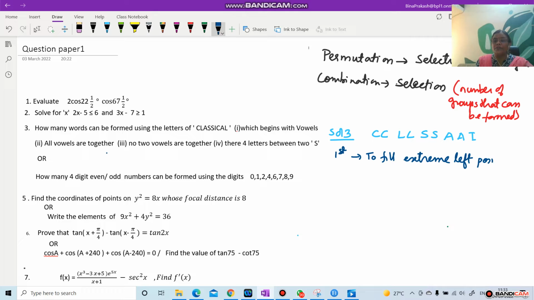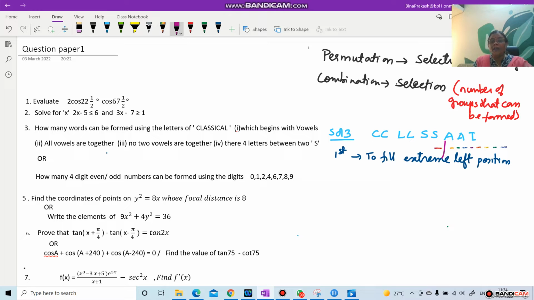Why will I be differentiating these positions? Because extreme left, 1, 2, 3, 4, 5, 6, 7, 8. In extreme left we have to have only particular things. So we need to divide it into two tasks. Now the extreme left, the choices are A and I. Now in this choice also you find that A is repeating.